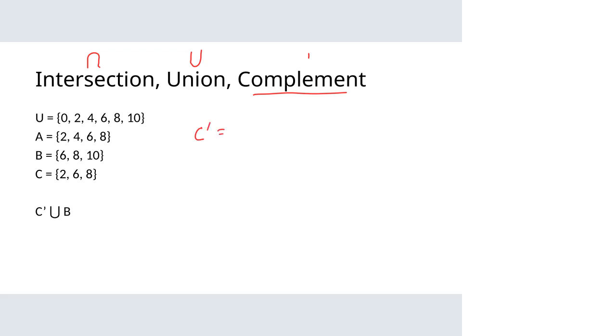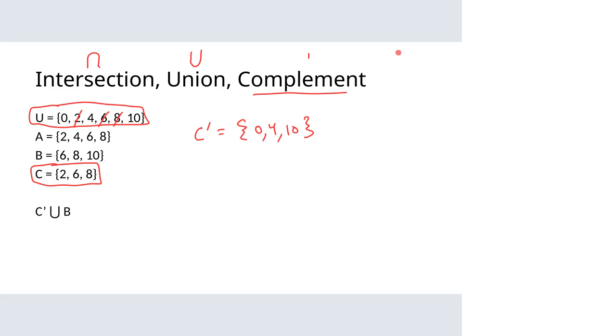C complement is going to be everything that's inside this universal set that's outside of set C. All right, well, C is 2, 6, and 8. So C complement then is going to be 0, 4, 10. It's everything that's outside of C, but inside the universal set.